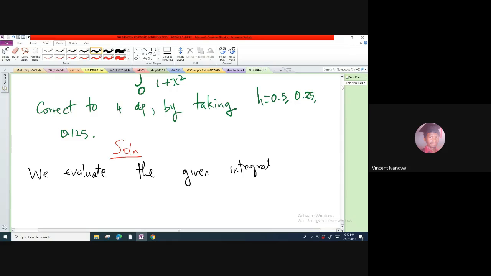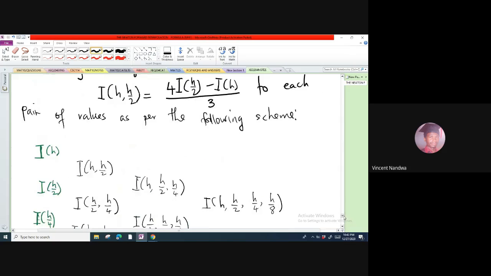Actually, even in this scheme, we can label these values.